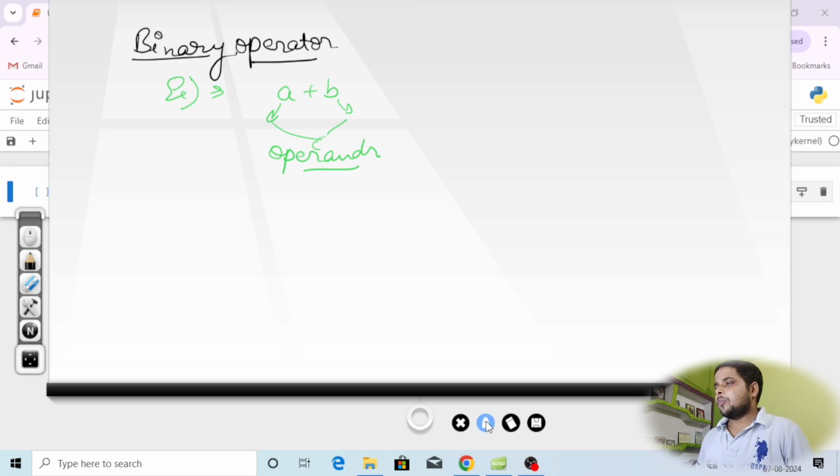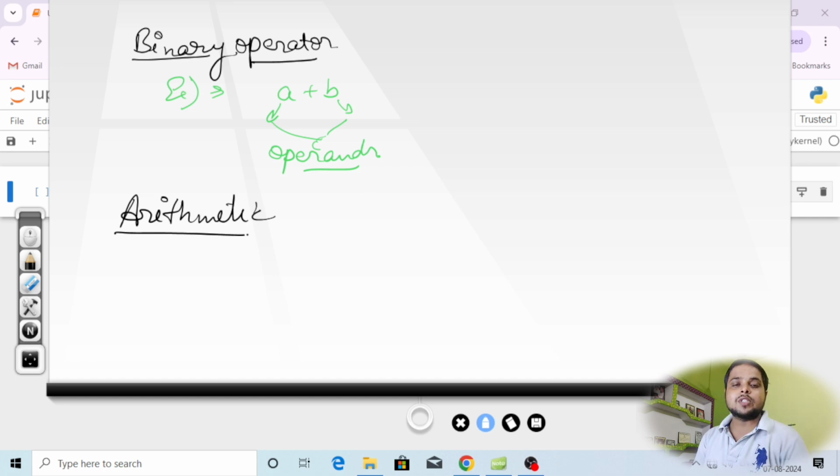Arithmetic operators basically perform arithmetic operations like addition, subtraction, multiplication, division, and so on. There are 7 types, and we will discuss all of them today.